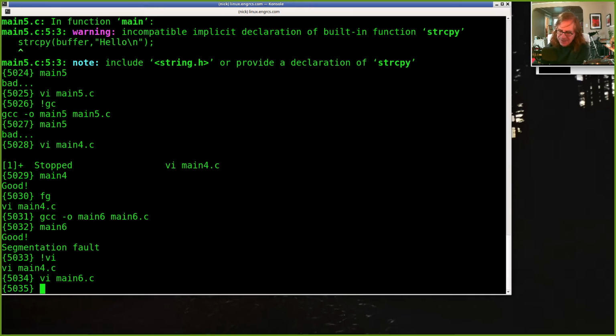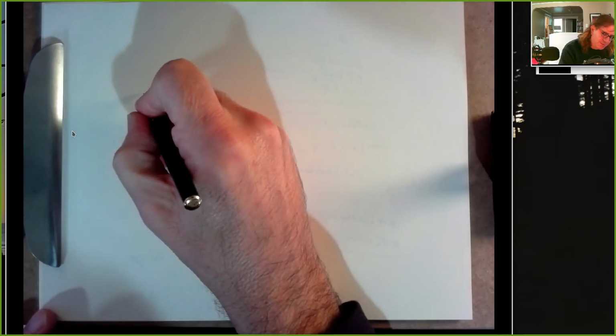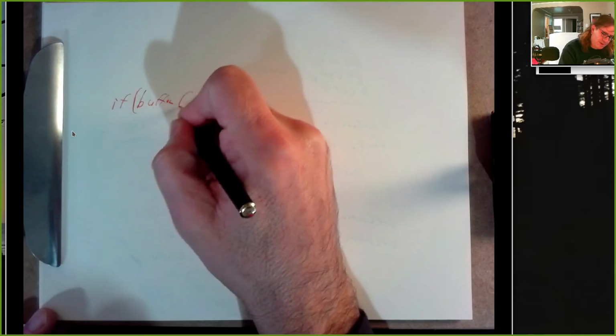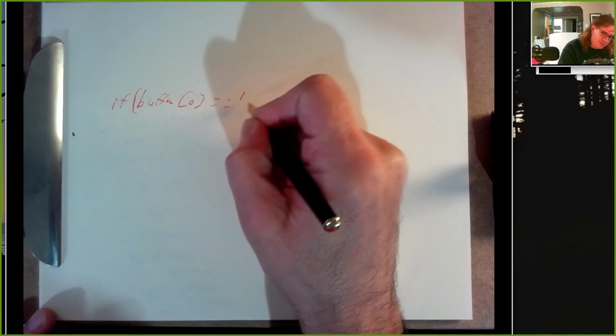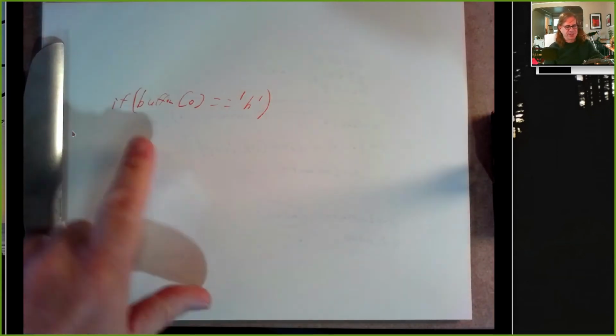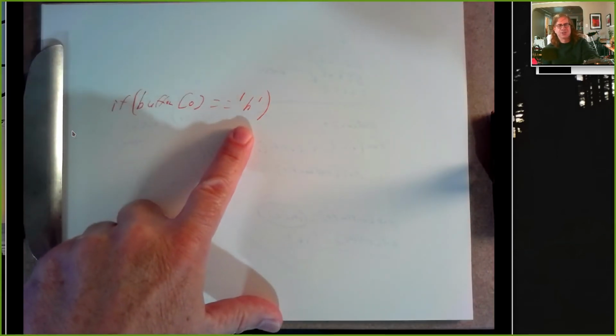And like I say, if you really just want to compare an individual character, you can say something like, if buffer bracket 0 equals quote H, that's totally legal because technically it's an integer, it's a short integer.